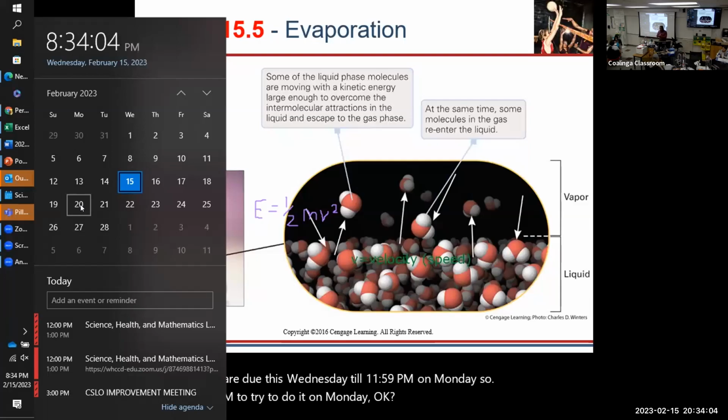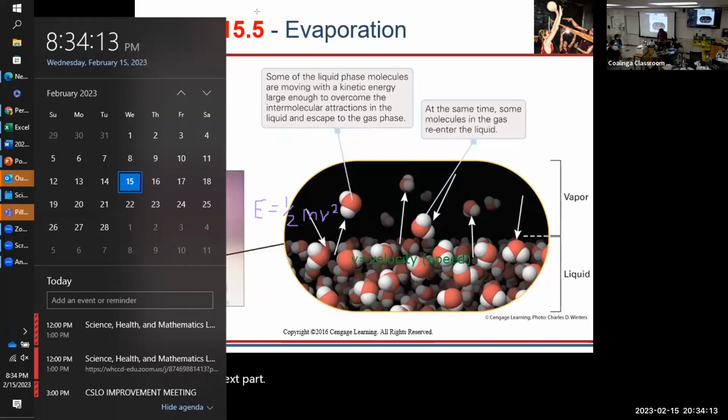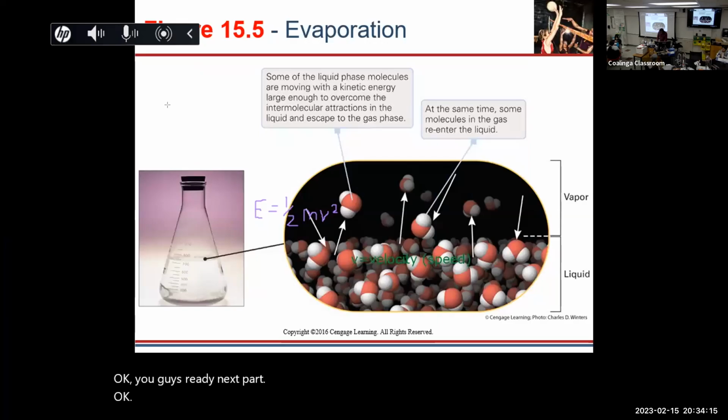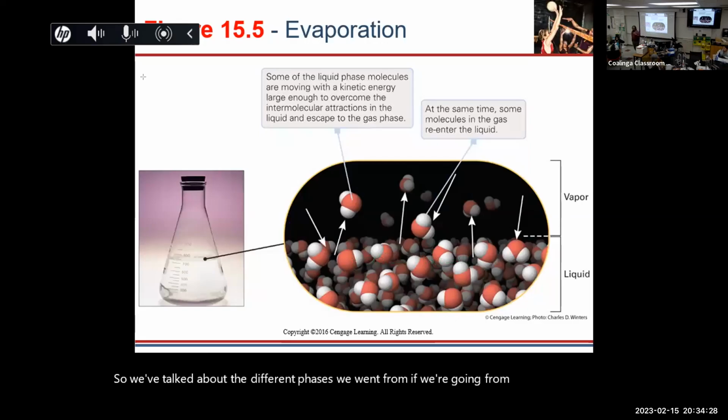Okay, you guys ready? Next part. So we've talked about the different phases. If we're going from a liquid to a gas, that process is called evaporation.